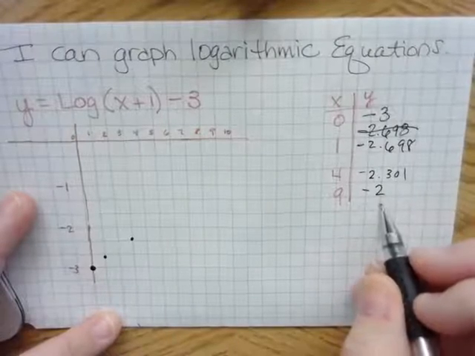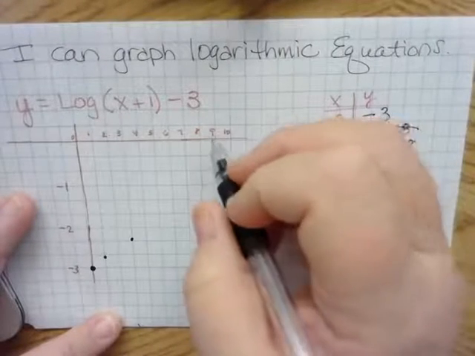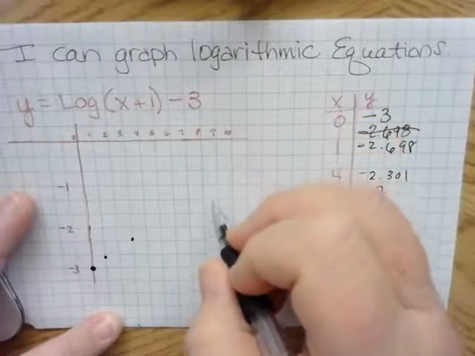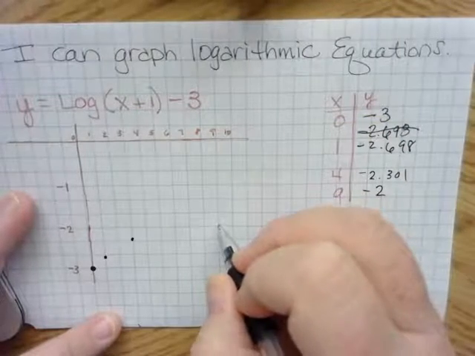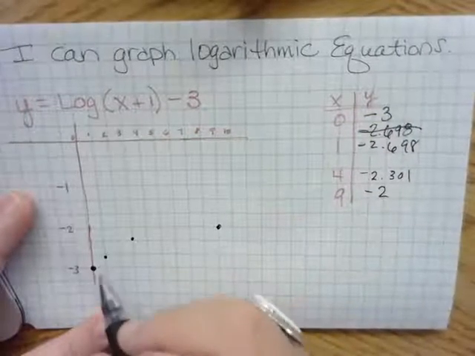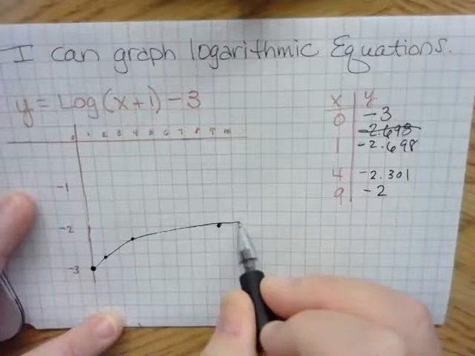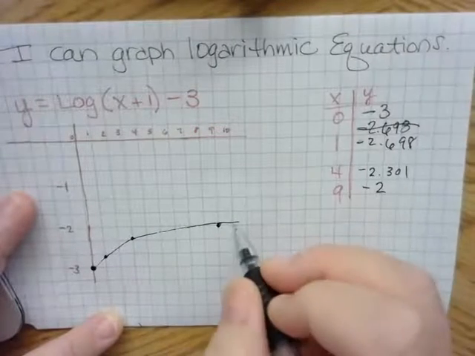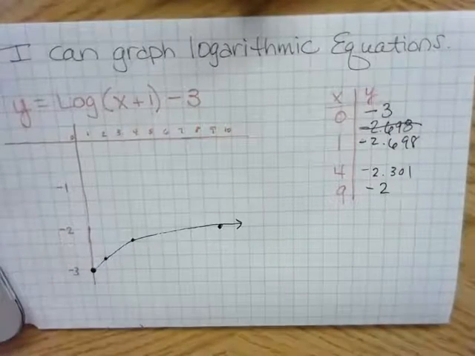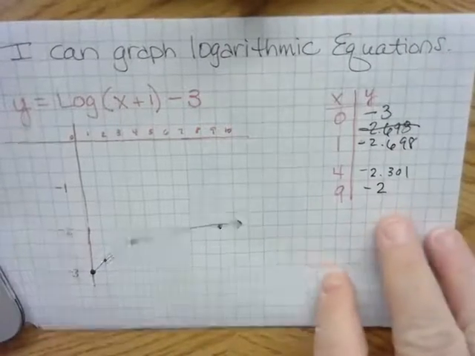And at x equals 9, y equals negative 2. Because logs are the inverse of exponentials, and exponentials grow very, very quickly, logarithms grow very, very slowly. And that's my graph of my first one.